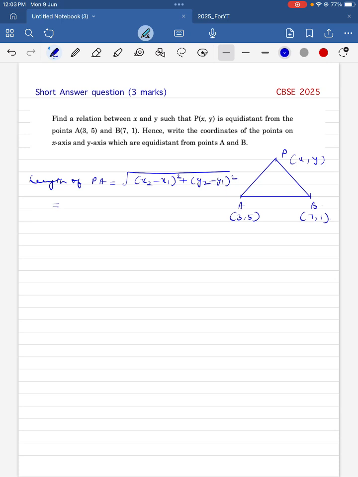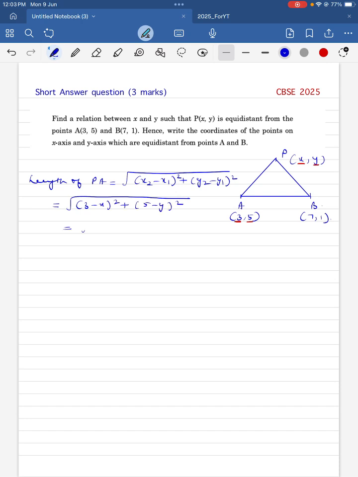Let's try to substitute the values. We know the value of x2 is going to be 3, that is the x coordinate of point A here. And the value of x1 is x, y2 is 5 and y1 is y. So 3 minus x the whole squared plus 5 minus y the whole squared.